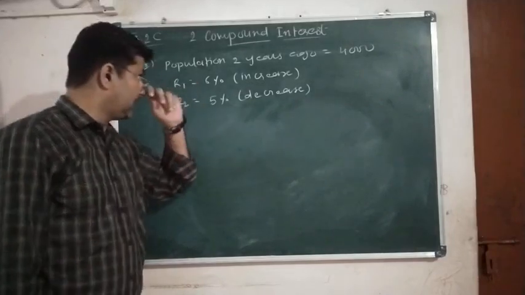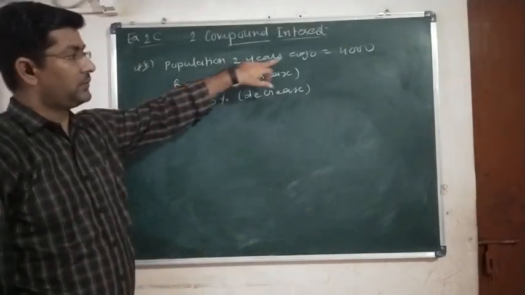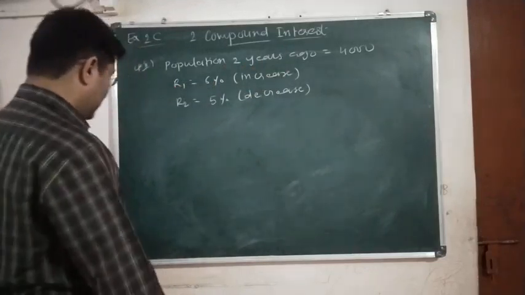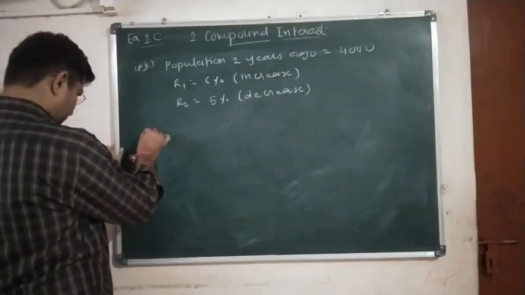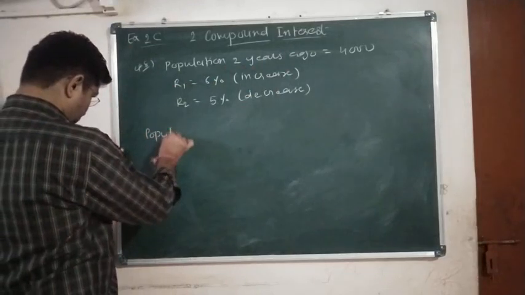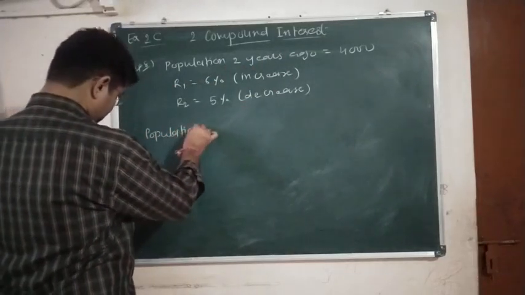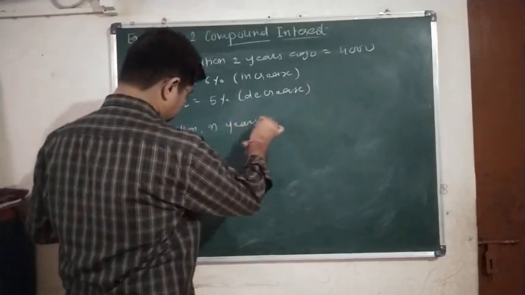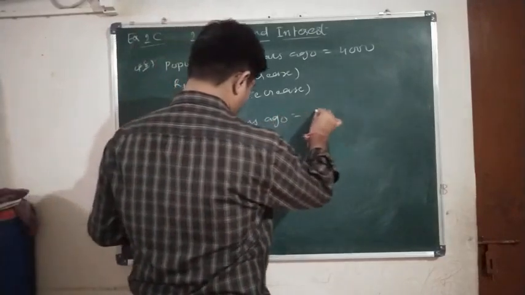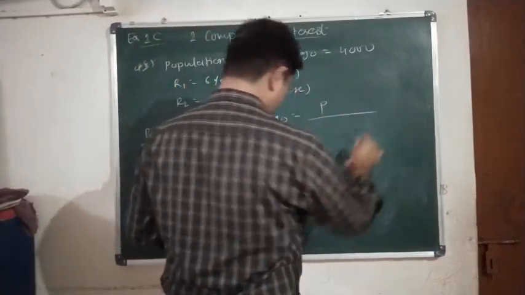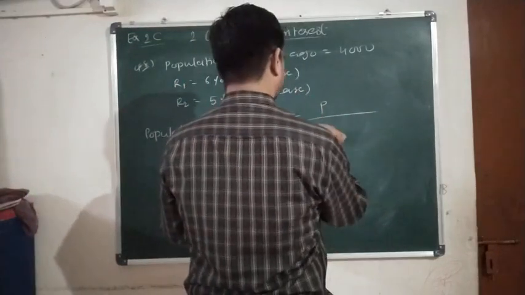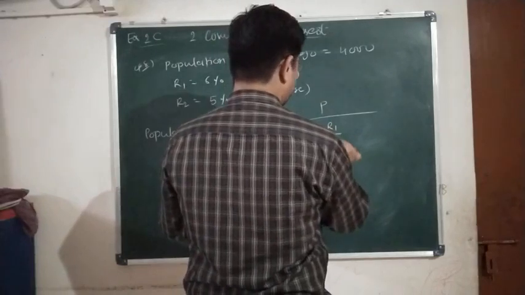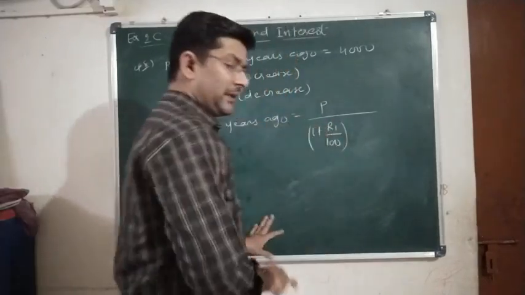Since the value of the population 2 years ago is given, we will use the formula for n years ago. Population n years ago will be given by P, where P is the present population, upon 1 plus, now for 2 different rates we will put 2 different brackets.